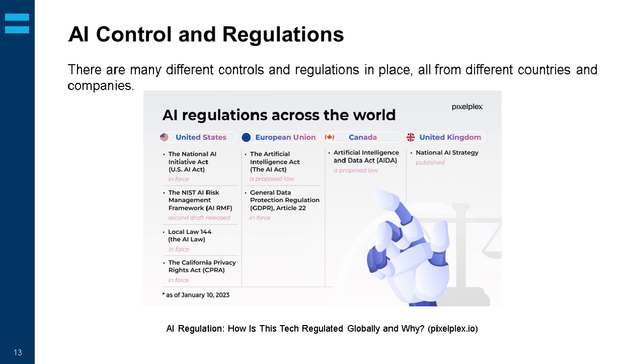Within Canada, there's also a proposed law, the Artificial Intelligence and Data Act. And here in the UK, we have a national AI strategy. What I find quite interesting is that some of these are already in force, some are proposed laws, and some are just published. So we already see loads of different countries setting these out and putting them in place. It will be interesting to see how they all align to each other to make sure that we reap the most benefit out of what we develop.